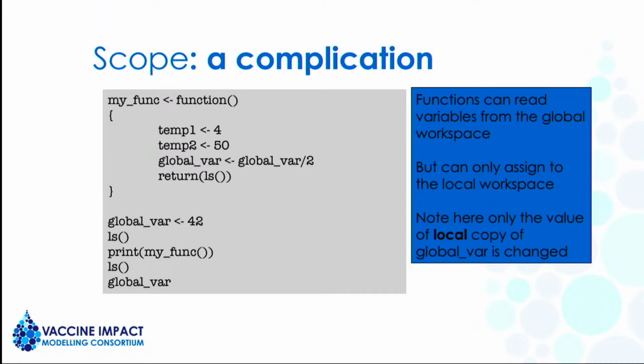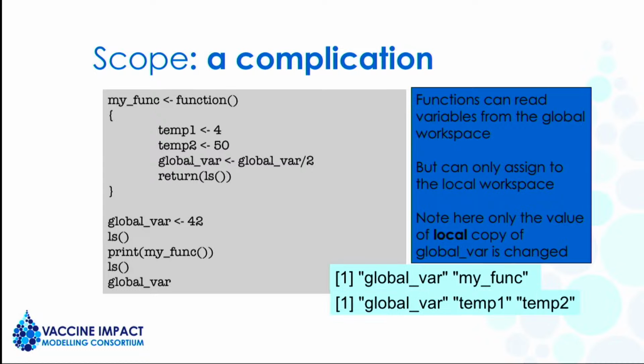You define a global variable of 42. So you've got the global variable and the function. You run the function, and inside the function, the code just works, even though you had no argument called global var. It creates a variable called global var, which is not the same one.